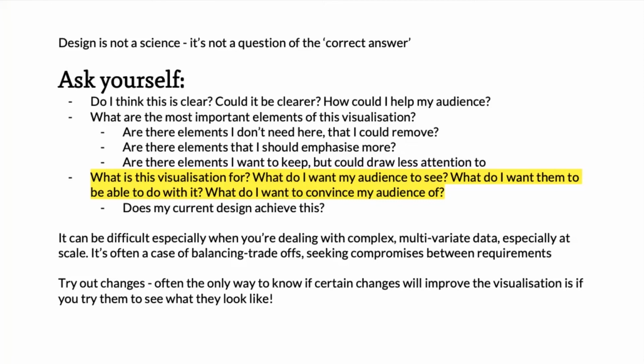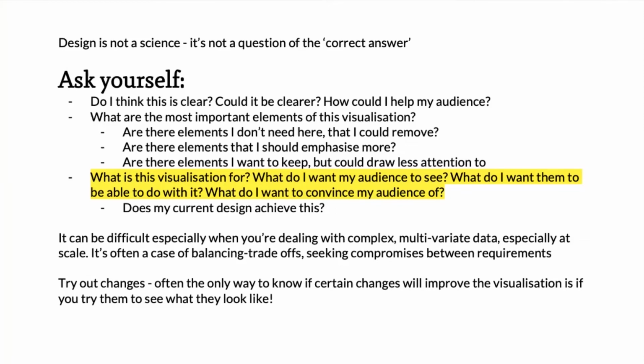It can be really difficult, especially when you're dealing with complex data with lots of variables, a really large data set, to achieve something that is really, really clear. It is often a case of balancing trade-offs and seeking compromises between different requirements.